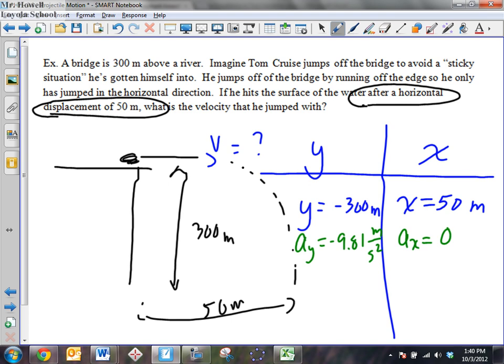That's why there's acceleration in the Y. But in the X, there's nothing propelling him forward, so he's just going to carry on with his momentum. He's not wearing a jetpack with boosters pushing him that way. Okay? Maybe he is in Mission Impossible, yeah. You never know. So if we get a question where the wind is coming from behind him at like 20, that would be an acceleration, yeah. So instead of 0, you put whatever it happens to be.